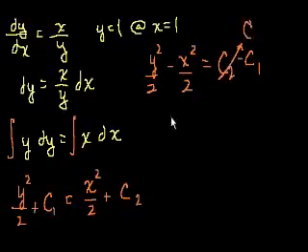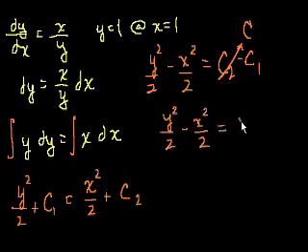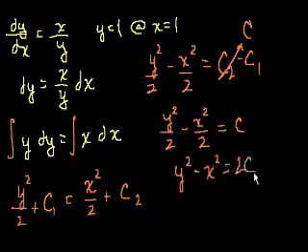And so the general solution to this differential equation is y squared over 2 minus x squared over 2 is equal to c. And actually, let's do something else just to clean it up a little bit, because once again, this could be any constant. So let's multiply both sides of this equation by 2, and you get y squared minus x squared is equal to 2c.